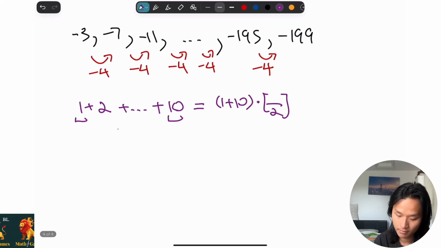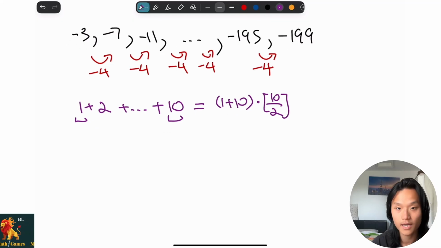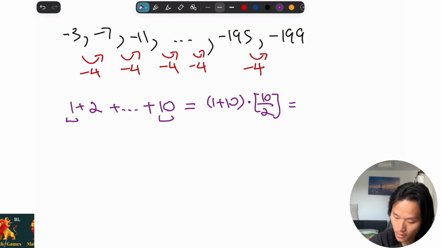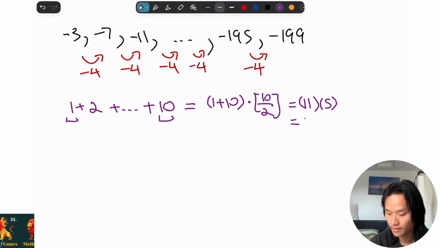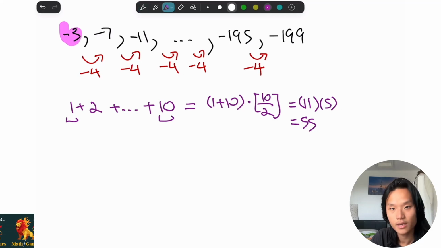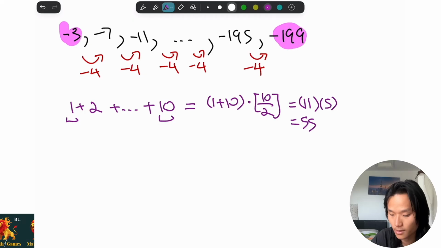So there are 10 such numbers, so 10 divided by 2 is 5. So we have 11 multiplied by 5, that is 55. So here we really just do the same thing. So our initial term is minus 3, and our final term is minus 199.